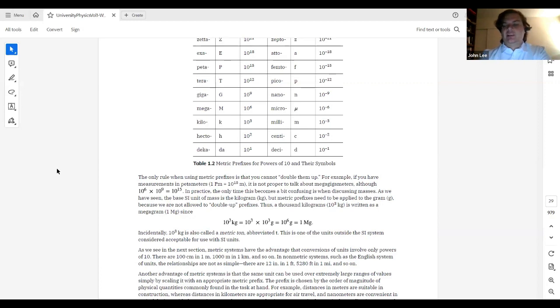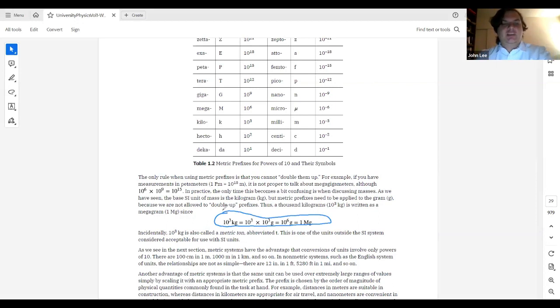So if you're doing calculations with grams and kilograms in the same calculation, then you're going to want to convert from kilograms to the grams, or from kilograms to megagrams, if that's what you're doing.